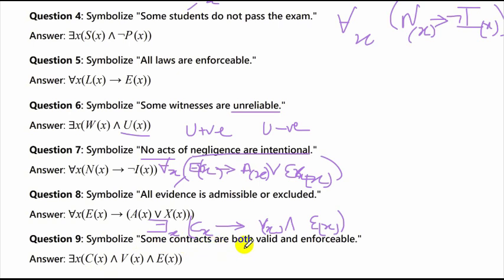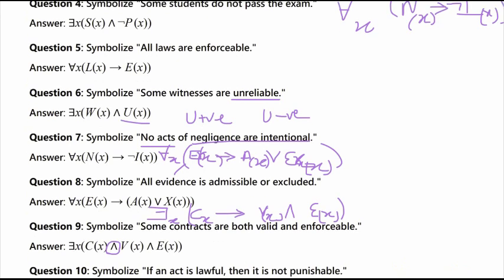Some contracts are both valid and enforceable. This we'll have to check. This I'll have to recheck again. Let me know why they have used the AND symbol here instead of implication.